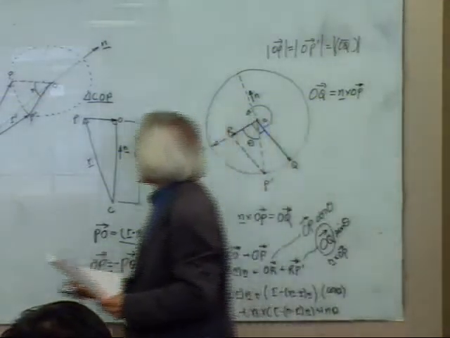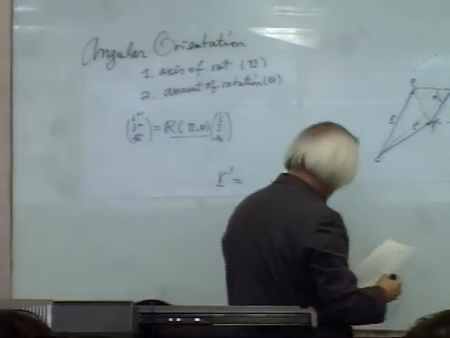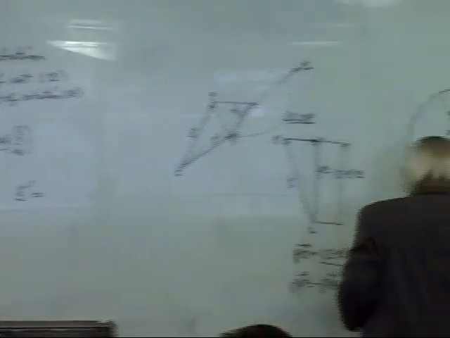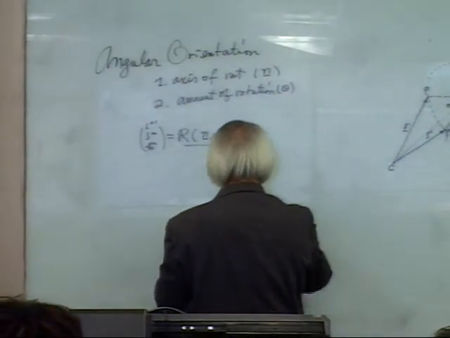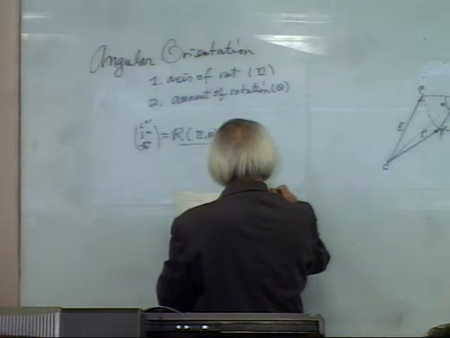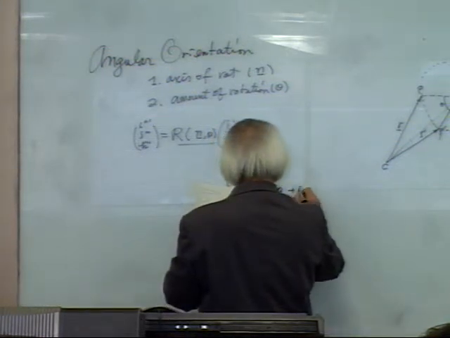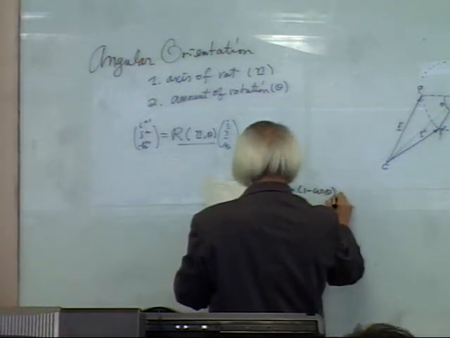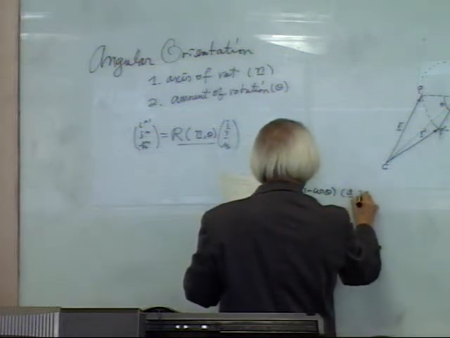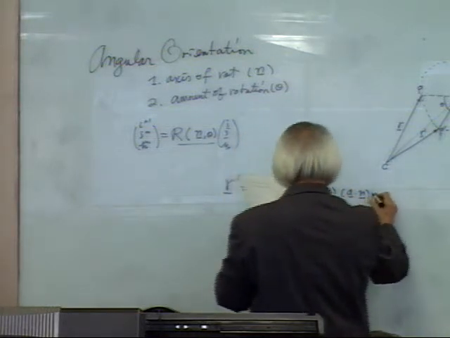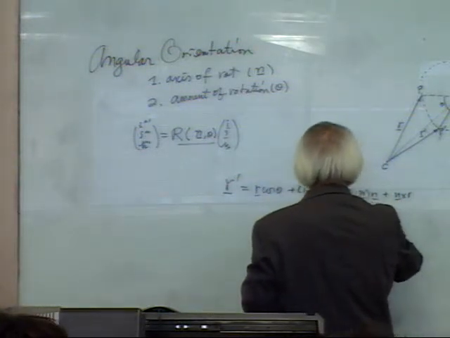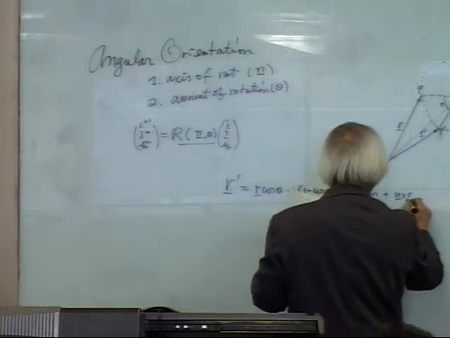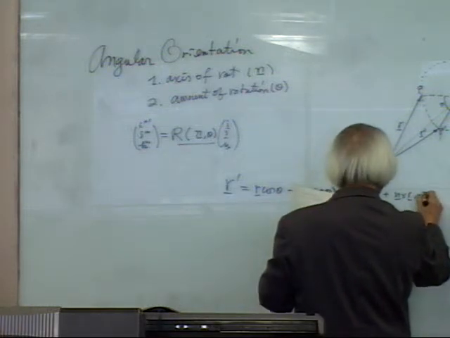Okay, so finally writing it down here, if you work that out, it comes out to be very simply just like that: R cosine theta plus 1 minus cosine theta N N dot R plus N cross R, sine theta.